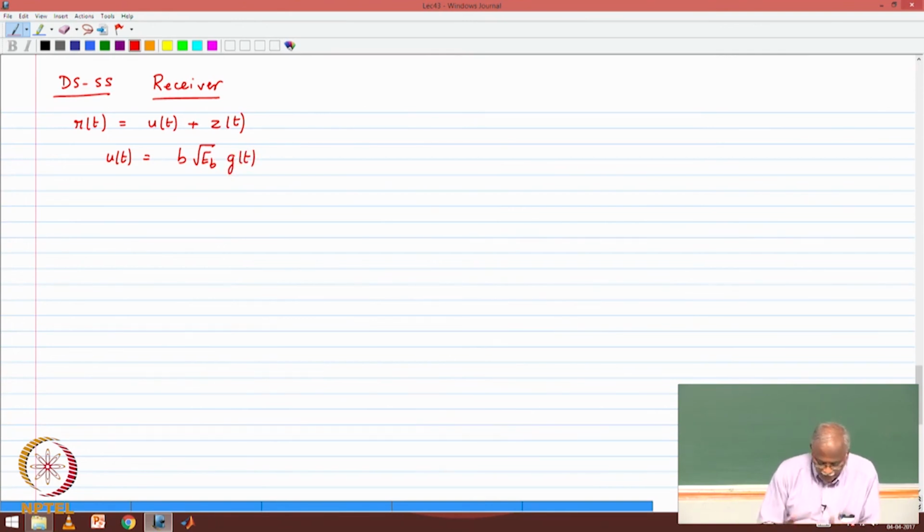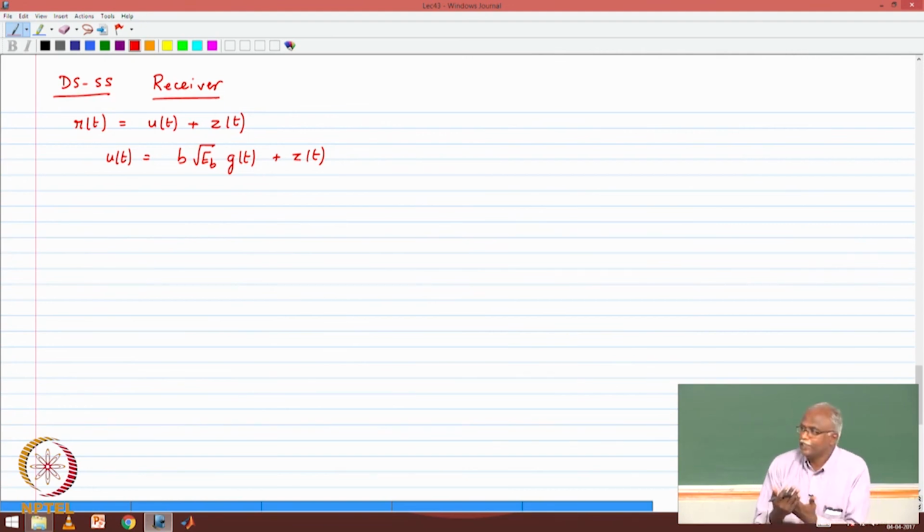At this point we are talking about spread spectrum systems, so g(t) is the spread waveform, plus z(t). Assume that z(t) is AWGN. The optimum filter in AWGN is a matched filter. So you must apply a filter that is time reversed and conjugated, and then sampled at the end of one symbol duration.